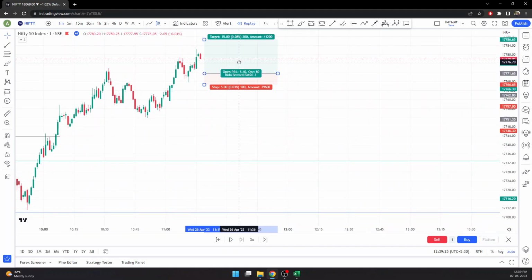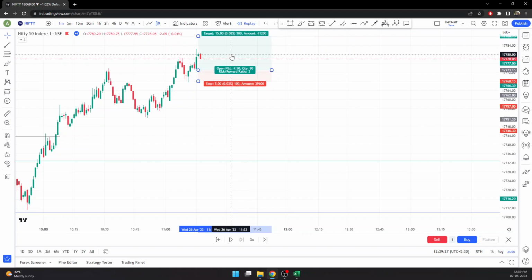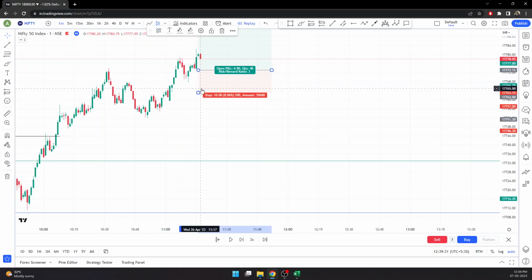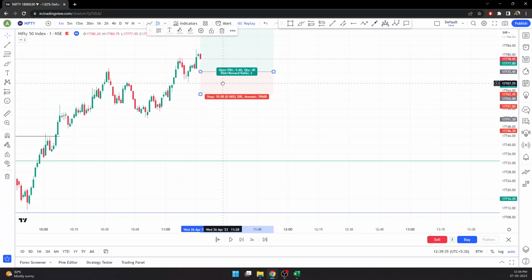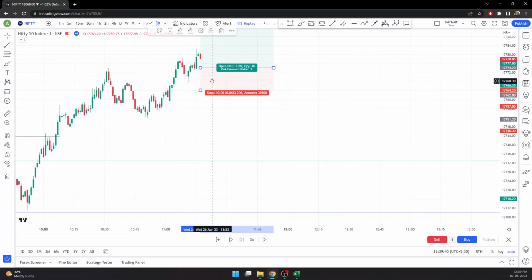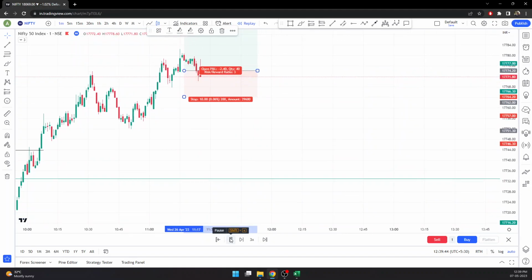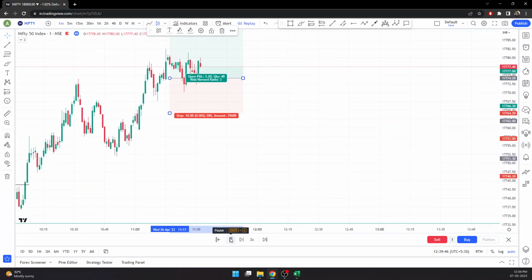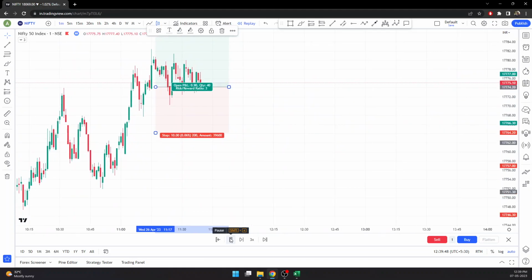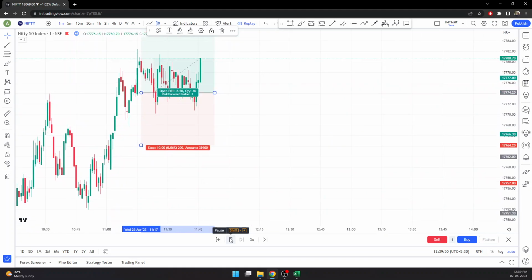The level is broken now. Around 10 points of SL is here. I do not want to see a break below this. We made the entry, it tried to go to the upper side but failed to make it.